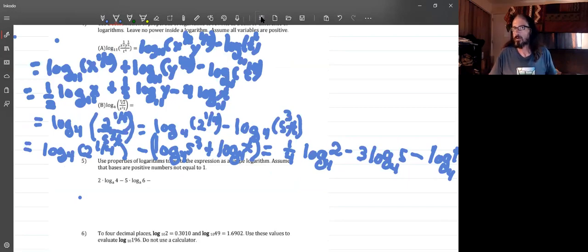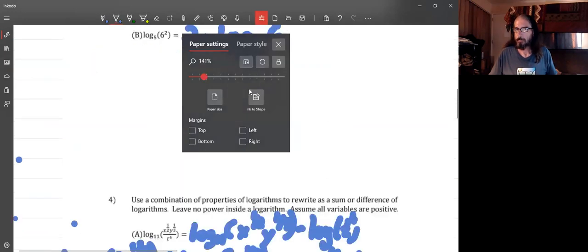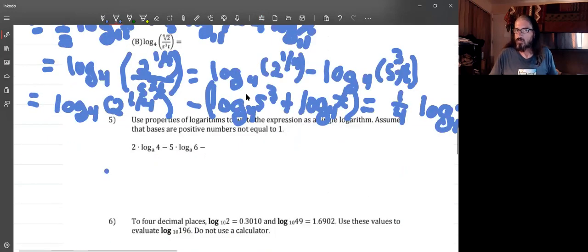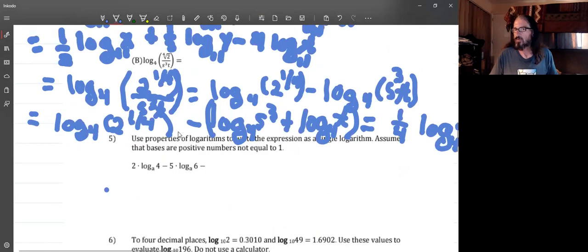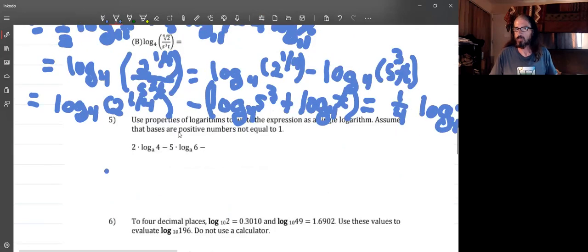So 2 times the log of 4 in base A minus 5 times the log of 6 in base A. And we're supposed to assume that whatever that base is, it's some positive number, so that it's some acceptable base.